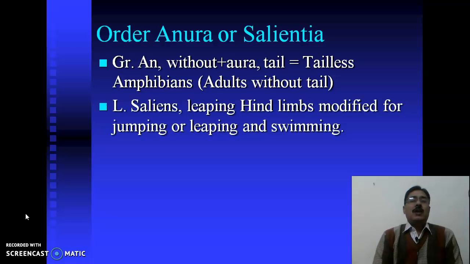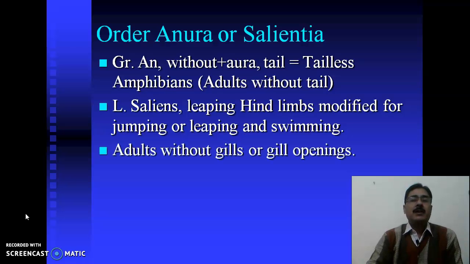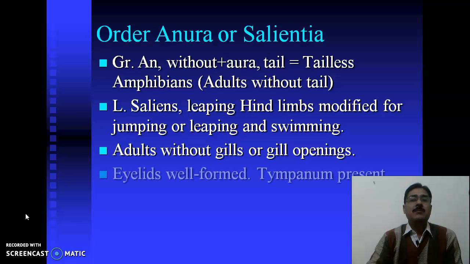The Latin word saliens means leaping, and it is for the hind limbs modified for jumping or leaping as well as for swimming. The adults are without gills or gill openings. The eyelids are well formed. You can easily observe them in the case of frogs and toads.